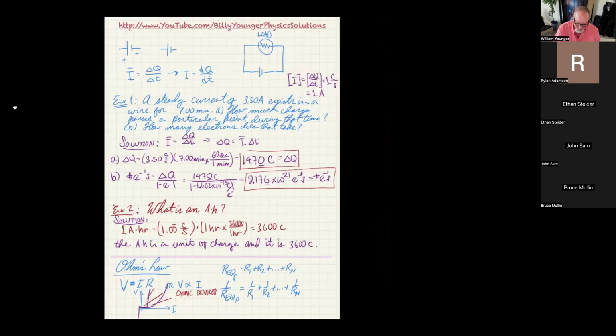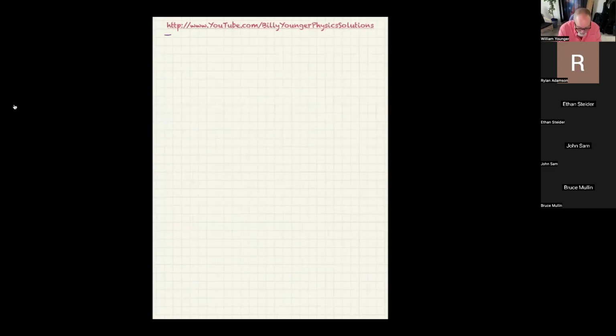So let's look at another example. Example 3. A flashlight draws 500.0 milliamps from 2 1.50 volt batteries in series.